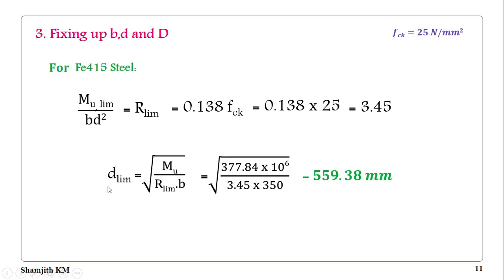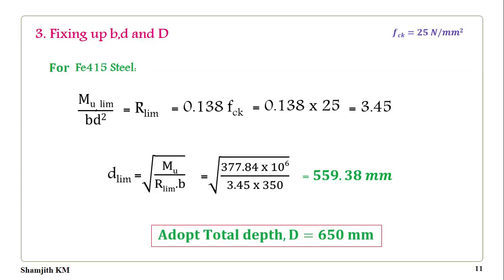So we will be providing a value which is higher than this. We have already checked that the d dash value will be approximately equal to 50 mm, so we will be considering it too. So 559 or 560 plus that 50 will go around 600 and something.